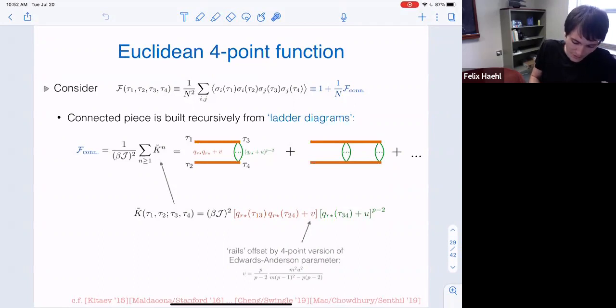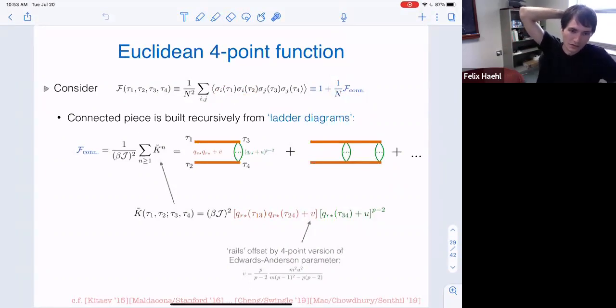One way to approach this problem is to first consider a Euclidean 4-point function in Euclidean time tau. We'll be interested in the connected piece of it. At leading order, you get products of 2-point functions, and then you get some connected contribution. This connected contribution is built recursively from ladder diagrams.